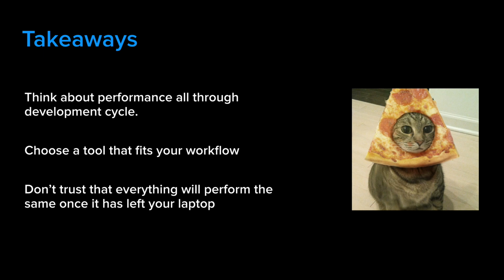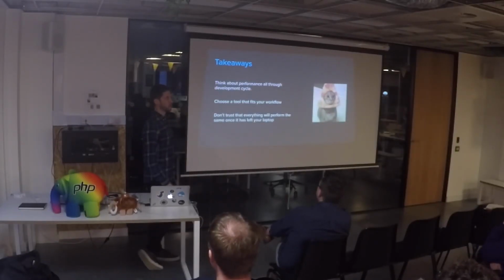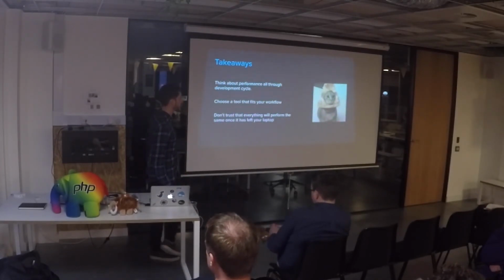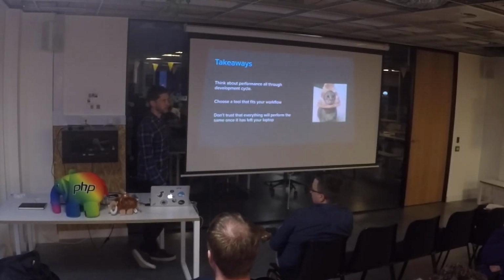So some takeaways. Think about performance all through your development cycle. Don't fall into the trap of saying, I need to use this particular way to initialize an array. But do think about, am I going to be getting this data from the disk every time? Is it going to be cached?